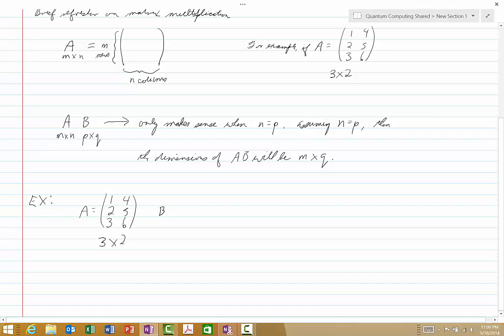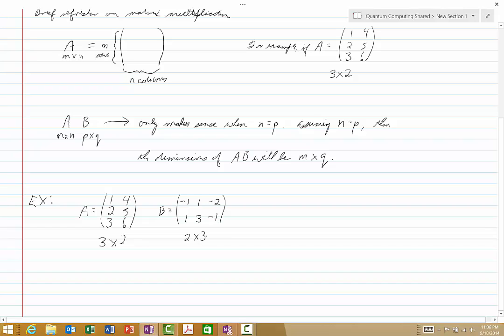So if we want to multiply A by a matrix B, the first thing we have to remember is that the number of rows in B must be 2. Otherwise, this won't even make any sense. So we could say perhaps negative 1, 1, negative 2, and 1, 3, negative 1. This would be a possibility. This is 2 by 3.